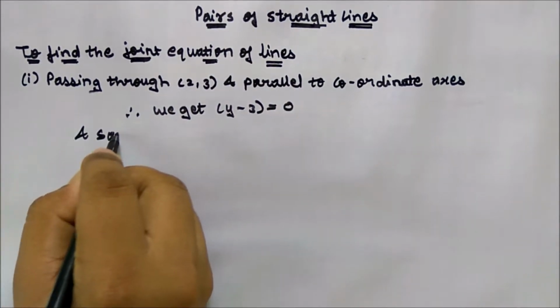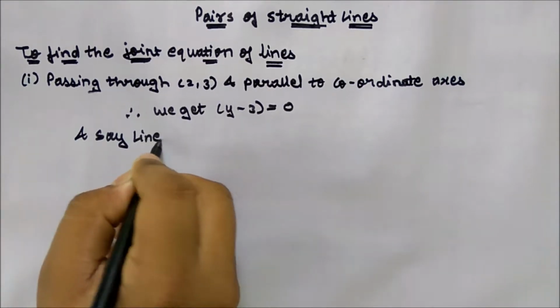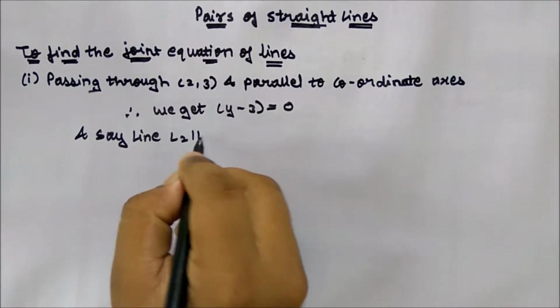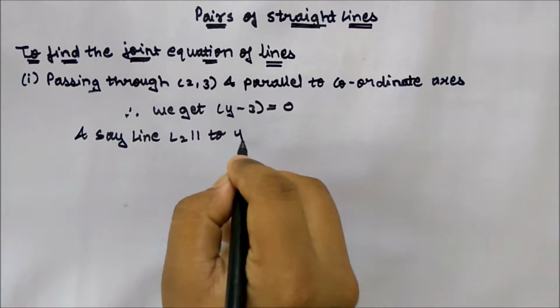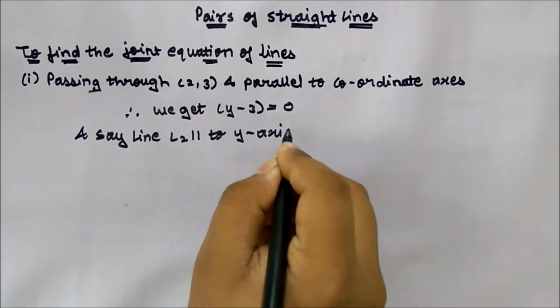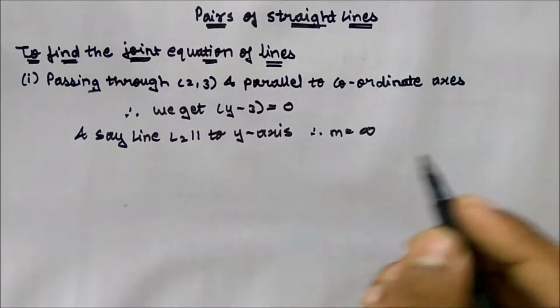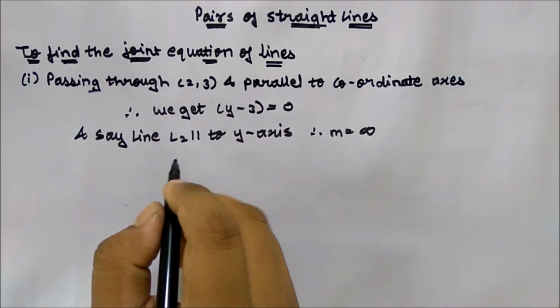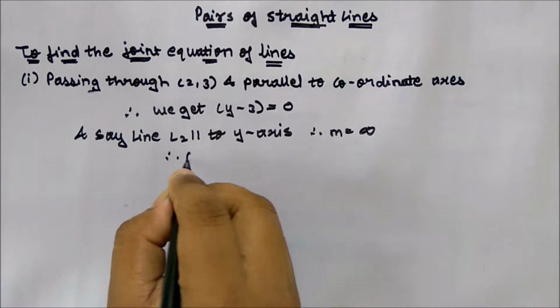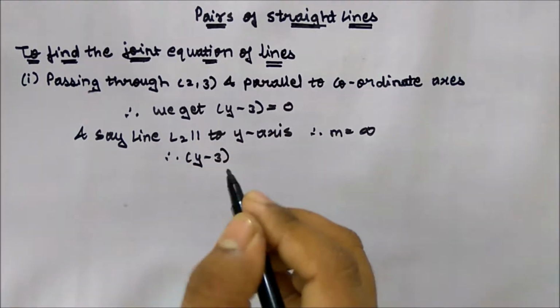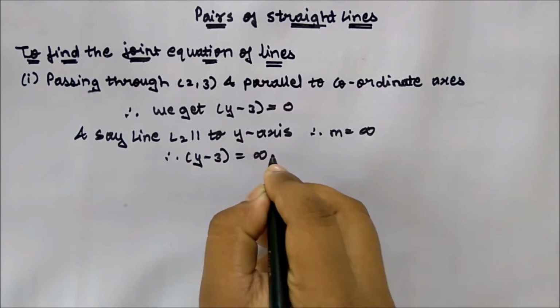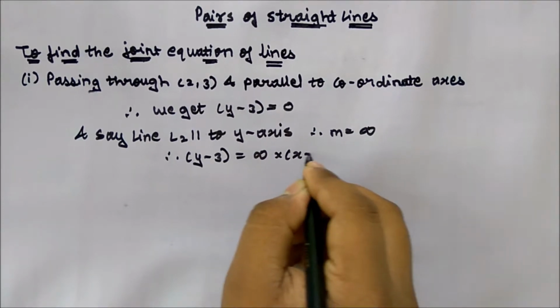And say line L2 is parallel to the y-axis. Therefore, its slope will be infinity. Therefore, we get y minus 3 is equal to infinity into (x minus 2).